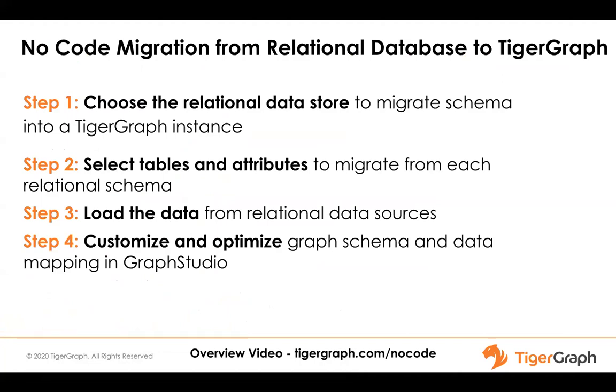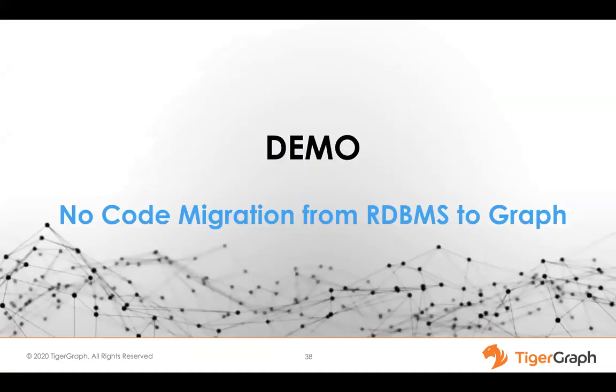And step 3 is load the data from relational data sources. And step 4, you can customize and optimize the graph schema and change the vertex and attributes as you like in Graph Studio.